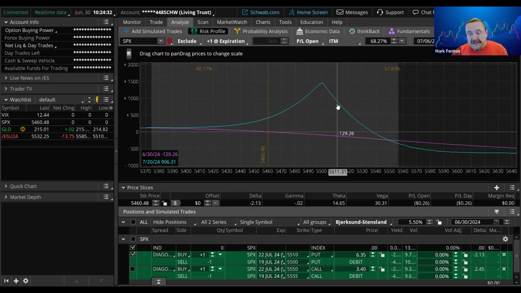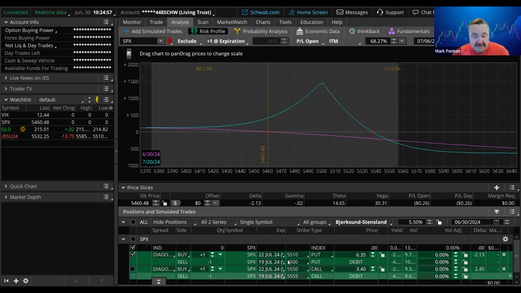The only way you have to take action is if it gets all the way up, maybe to 55.20 in this example, because you're really starting to get a drawdown here on some cash. What you can do if you get there is add a call diagonal to it. So if I was at 55.20, I could go up to 55.50, same expirations.